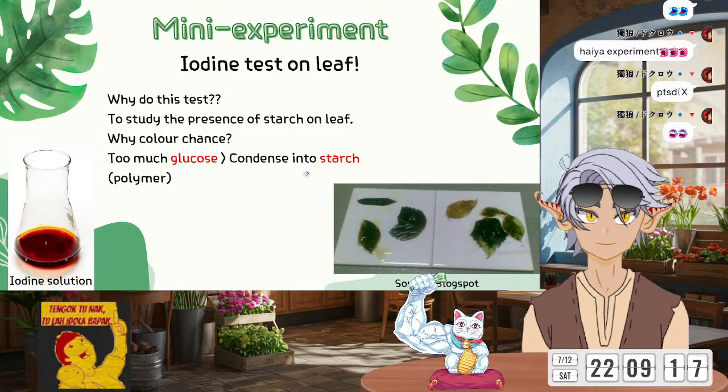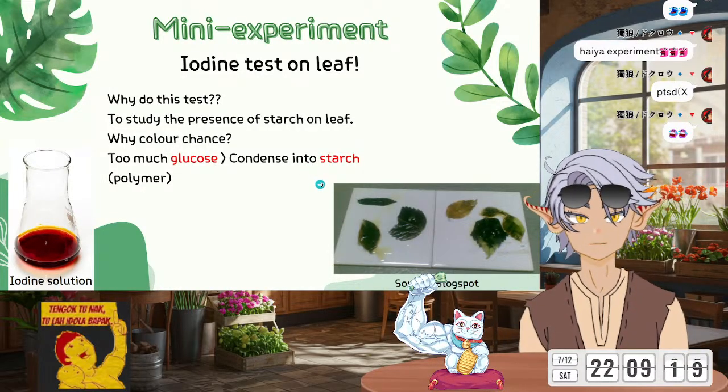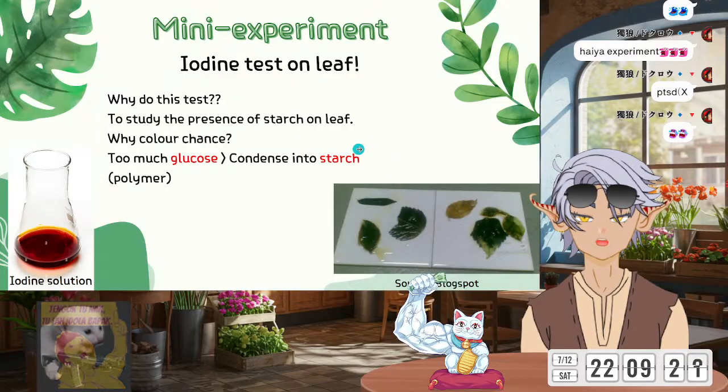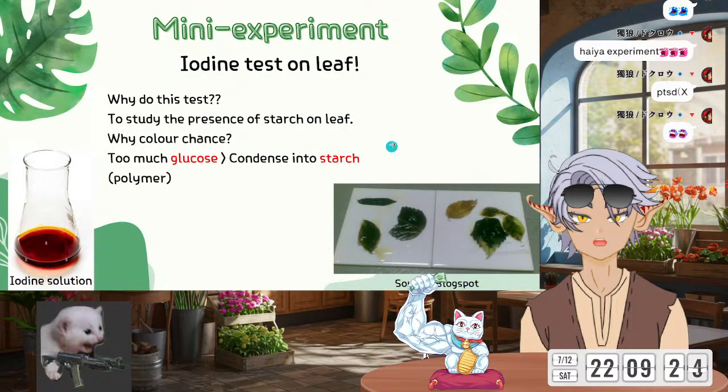So the castle is starch, which is the polymer. You have monomer and polymer. Starch is the polymer of glucose.